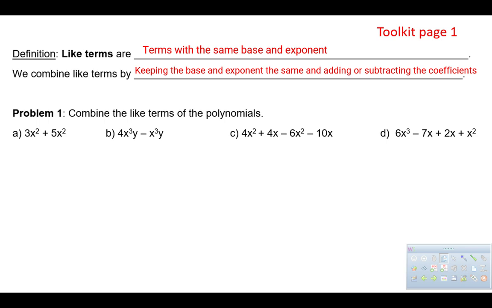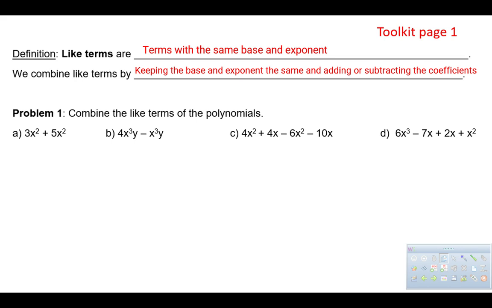So if you have two terms that have the same variable and the same exponent on them, you can combine them. And the way that you combine them is you keep the variable and the exponent part the same, right? The part they have in common doesn't change. You'll add and subtract their coefficients. So keep the base and exponent the same and add or subtract the coefficients.